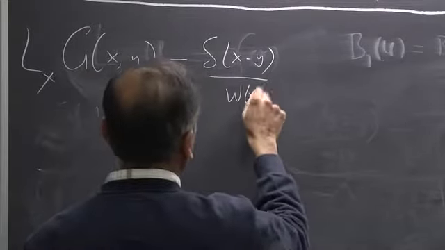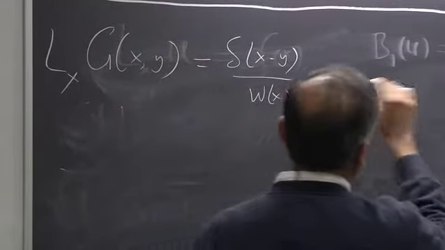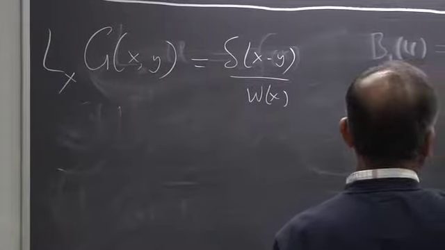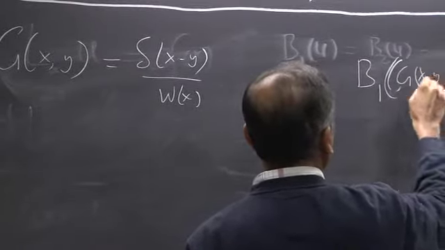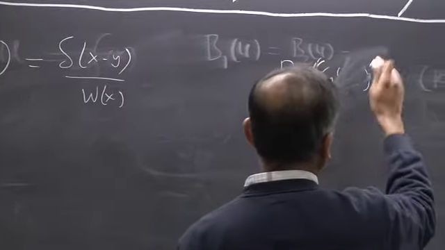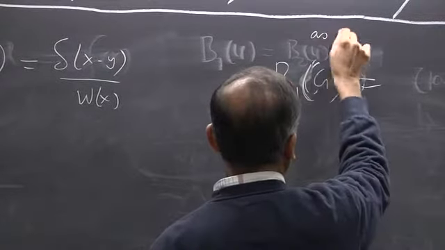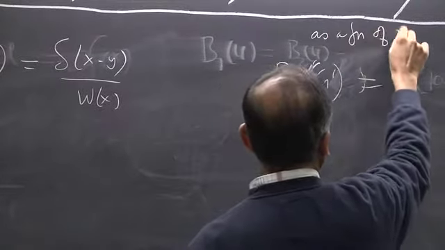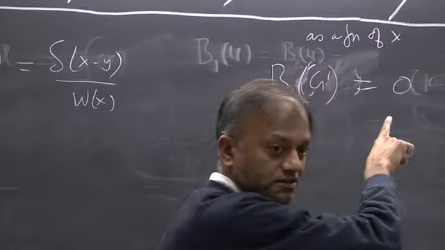So no modification of this equation. I have just that, and the boundary conditions that G satisfies as a function of x: B1 G is equal to 0. Notice this, that's the important point.